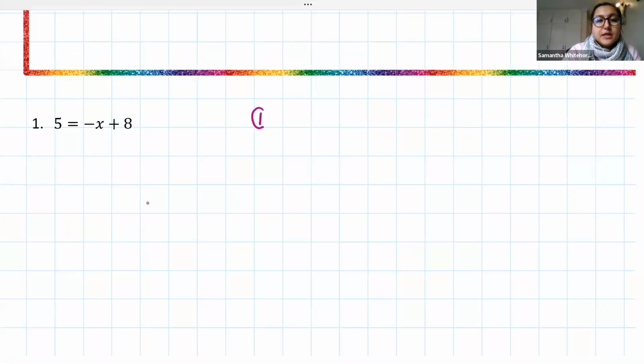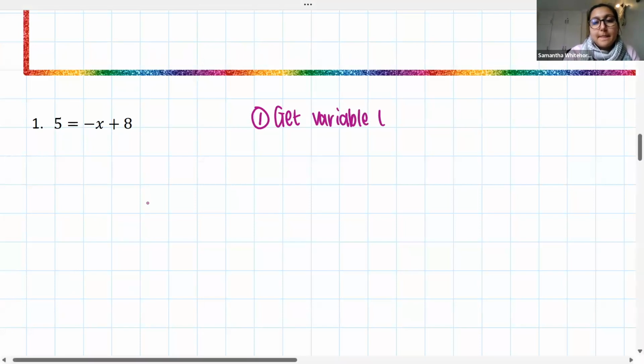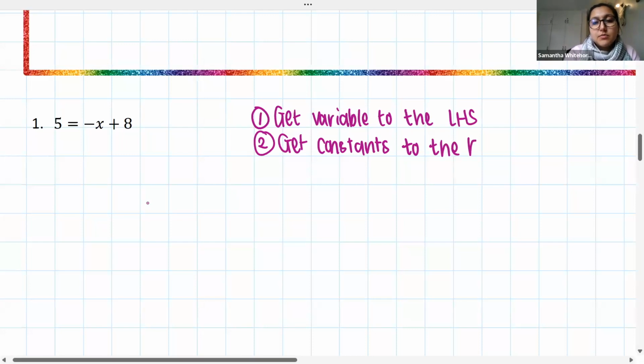If you think back to our equations course, the very first thing that I always said we should do is get our variables to the left-hand side. LHS means left-hand side. I then said we should get our constants, so our numbers, to the right. RHS means right-hand side.